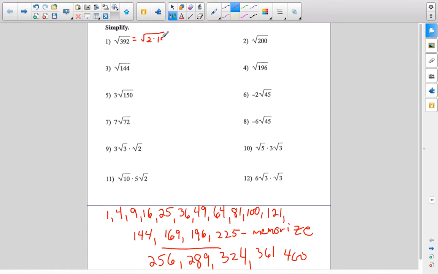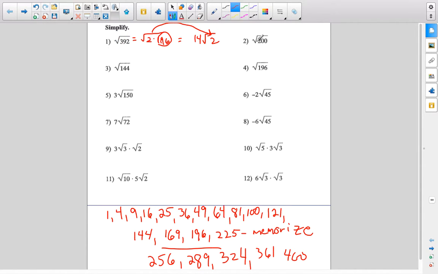Let's see, 196. 196 is in my perfect squares. What times itself equals 196? That's right, it's 14. So 14 comes out of the radical sign and the 2 has to stay in. 14 root 2 is the square root of 392 simplified.